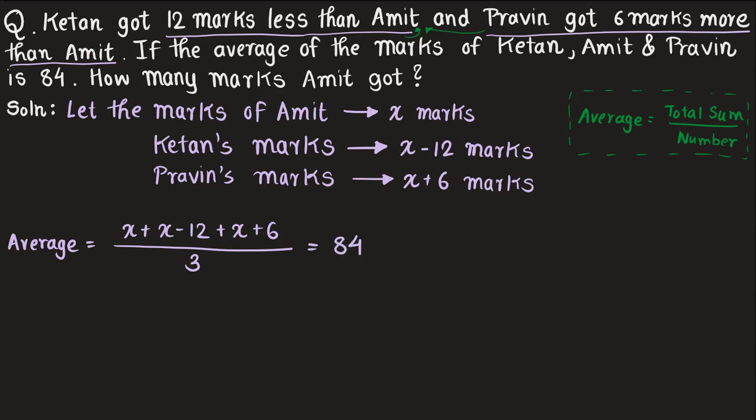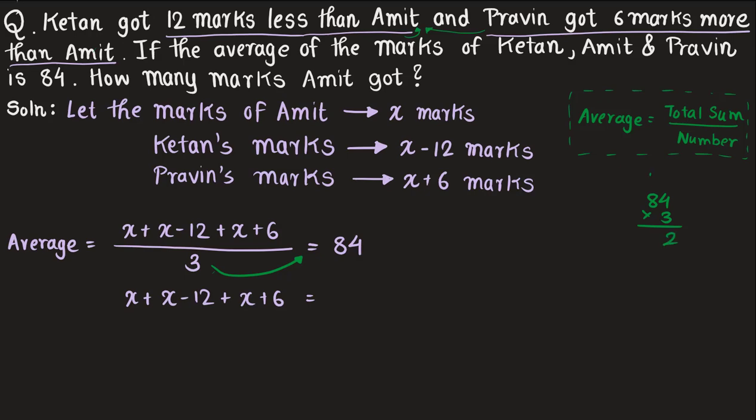It is given as 84. So here we can cross multiply 3 to the other side. So we will get x plus x minus 12 plus x plus 6 is equal to 84 into 3. So we will multiply 84 into 3 here.